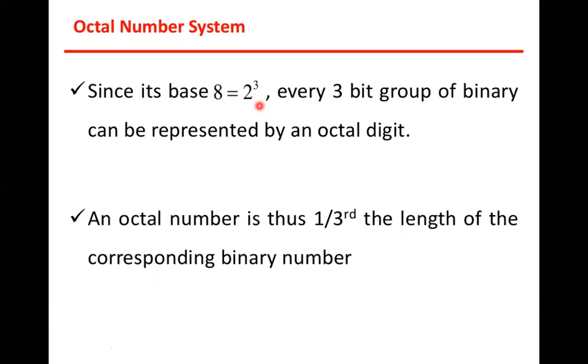Simply, starting from the least significant digit, we make groups of 3 binary digits, and then we can easily convert a binary number into an octal number. An octal number is thus 1/3 the length of the corresponding binary number, because we are dividing it into groups of 3.